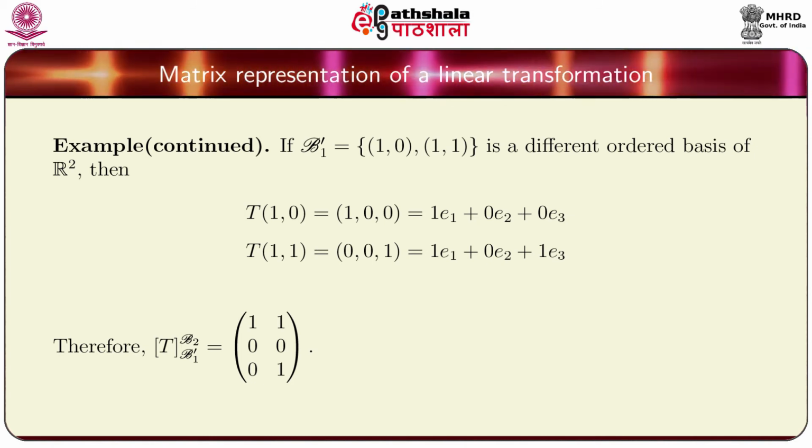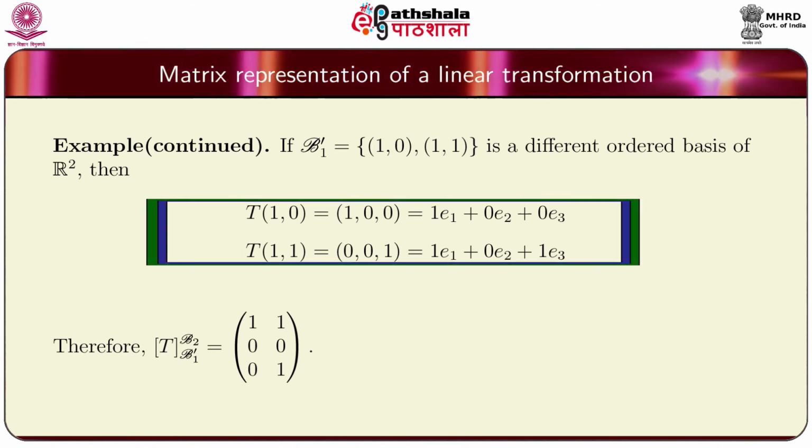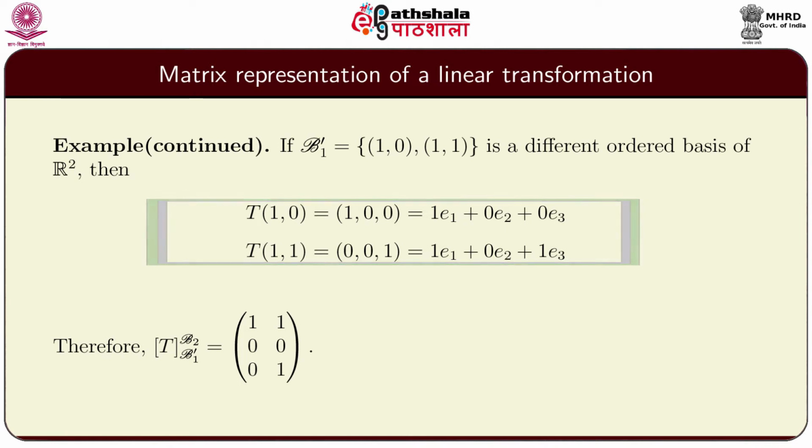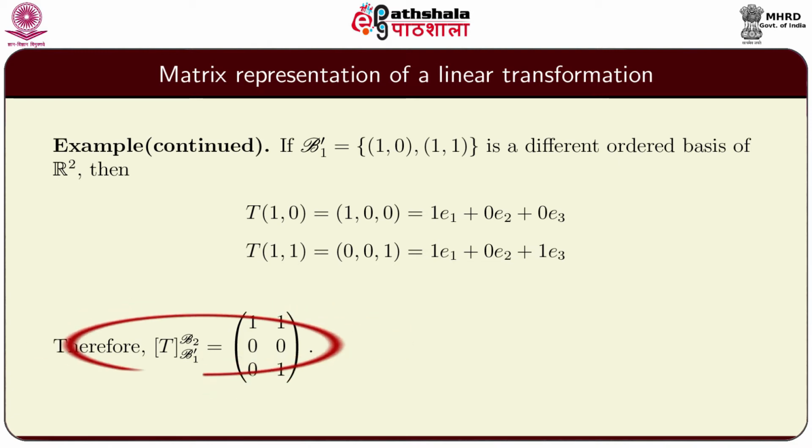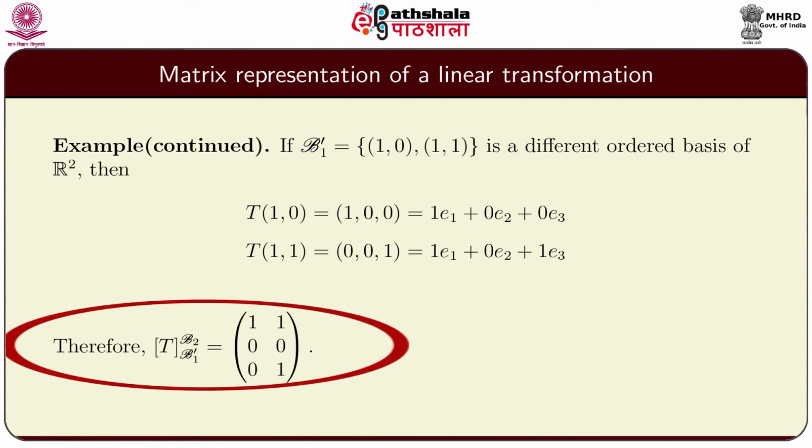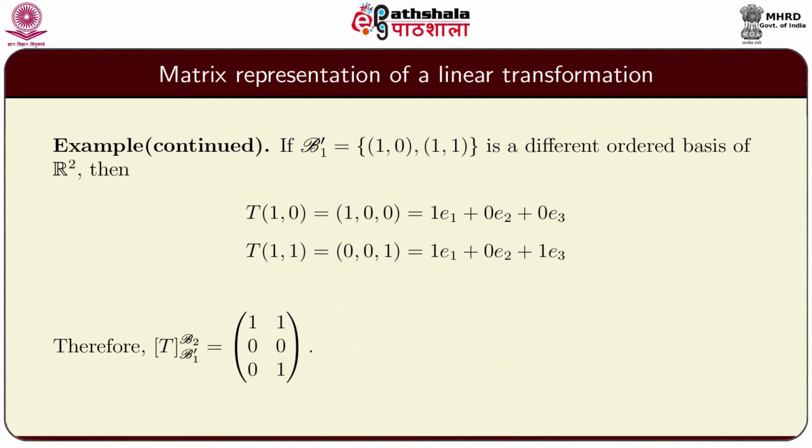Now, with this choice of basis, if we evaluate T of (1, 0) and T of (1, 1), then it turns out that the matrix representation for T with respect to the choice of basis B1 dash and B2 would be the matrix which you see over there with first row 1 1, second row 0 0 and the third row 0 1. Therefore, with the different choice of basis, we do get different matrix representations.